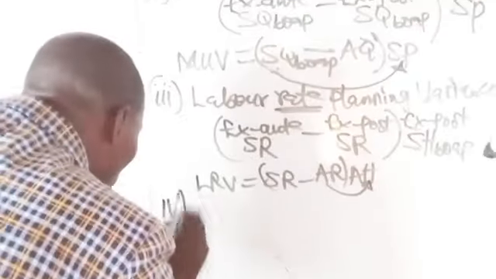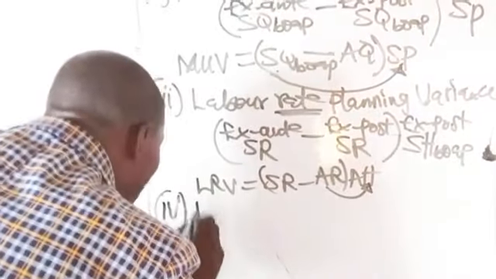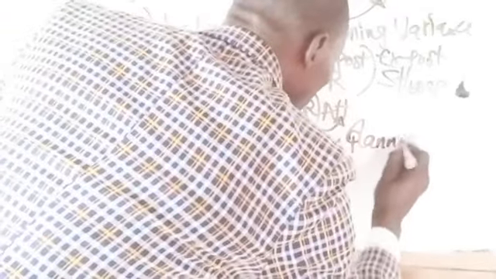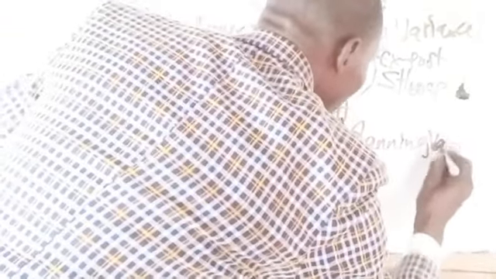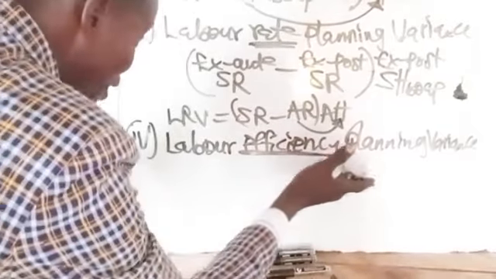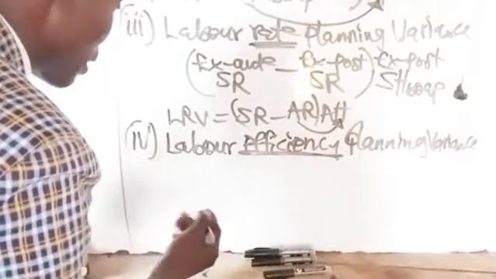Number 4, labor efficiency planning variance. Efficiency is measured in hours. So your planning variance is ex ante minus ex post.